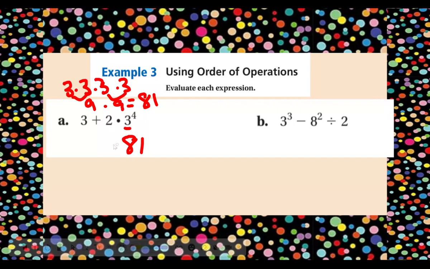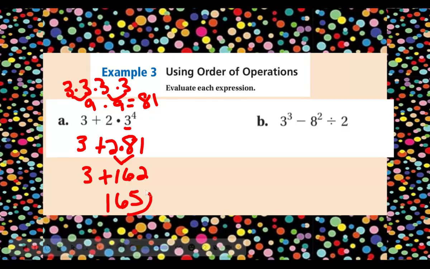So under that, write 81. So we're going to do 3 plus 2 times 81. So now, order of operations says to do the multiplying next. So 81 times 2 is 162 plus 3, which is 165.